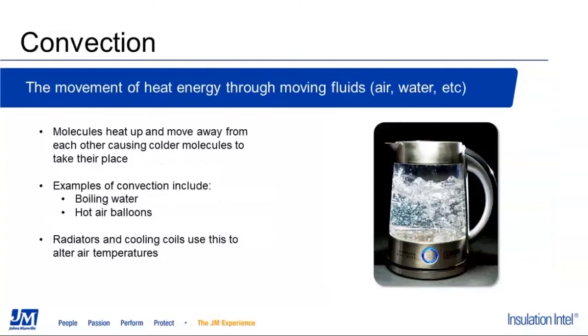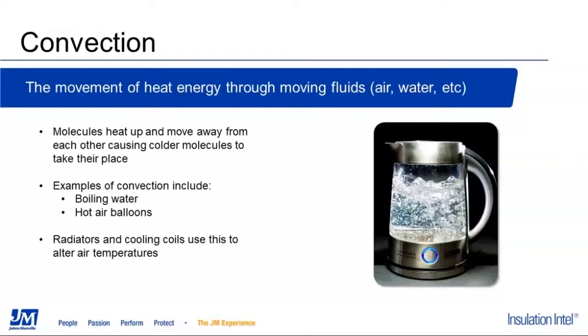Second mechanism would be convection. Convection is heat transfer through the movement of liquids or gases, and that can be air, water, etc. But the gases themselves are actually moving, or the molecules are moving. It's easiest to think of this through water.